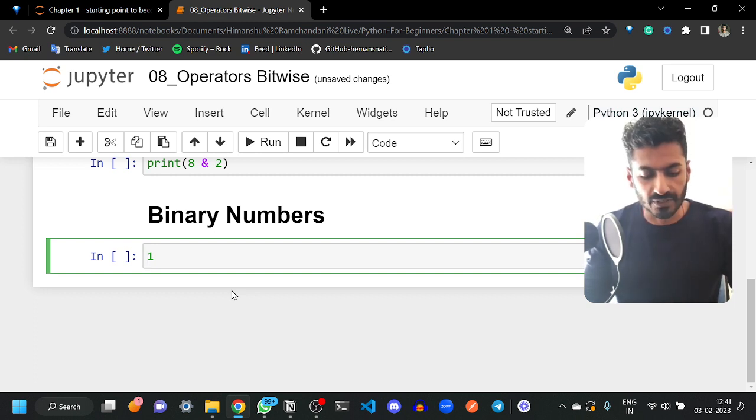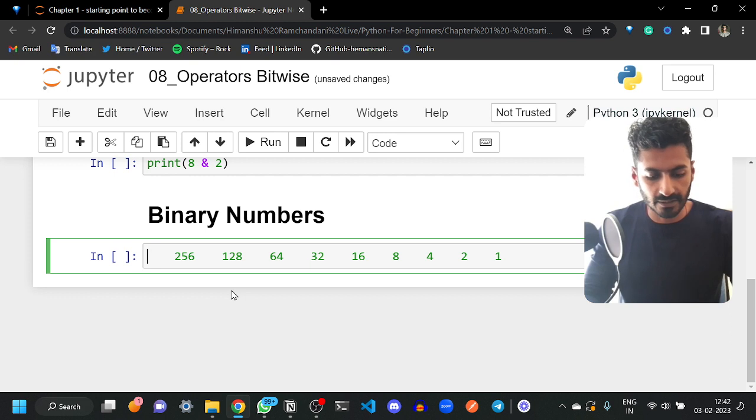The first number will be 1. Double this number, it will be 2. Double this, 4. Double this, 8. Double this, 16. Double this, 32. Double again, 64. Double again, 128. Double again, 256. Double again, 512, and double again, 1024.